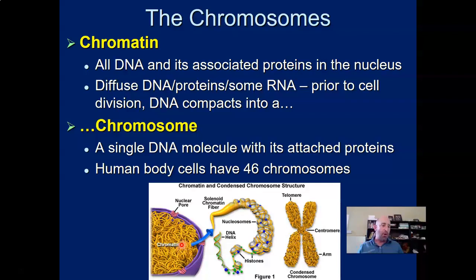So I like to think of it this way. Let's say you're going on a trip and you need to move somewhere, you need to travel somewhere. So during cell division, the DNA travels. So that's why it condenses. When you travel, what do you do with your stuff? You stick it inside a suitcase and you close that suitcase so you can bring all your stuff with you. Wherever you go, you are condensing your stuff.